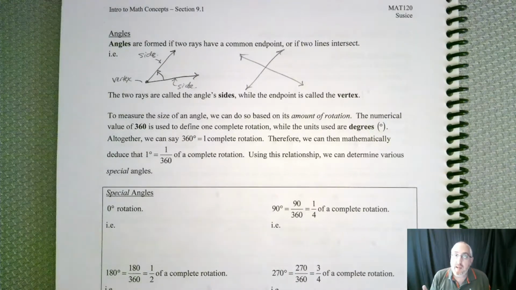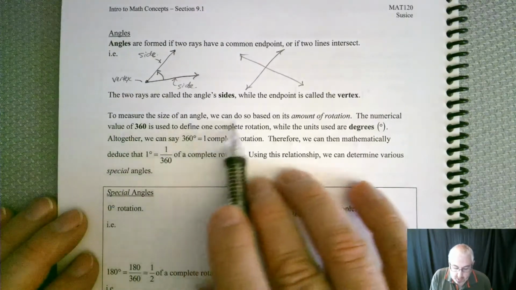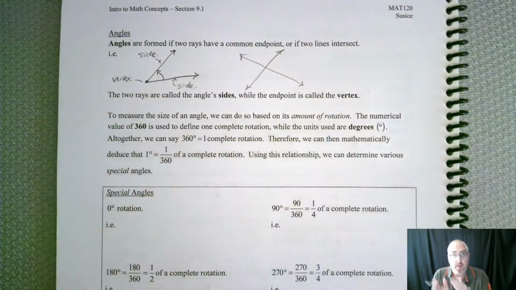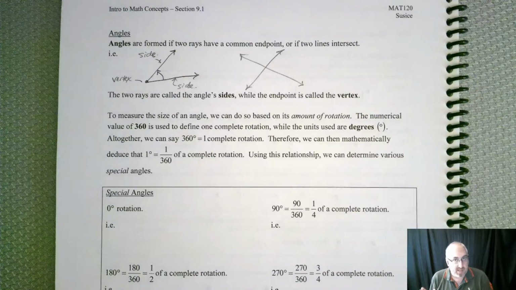So how do we measure different sized angles? There's a lot of different ways, but we're going to focus on just the most common one. To measure the size of the angle, we can do so based on the amount of rotation. If we kept one ray fixed and started rotating the other one around, we're going to get different sized angles.